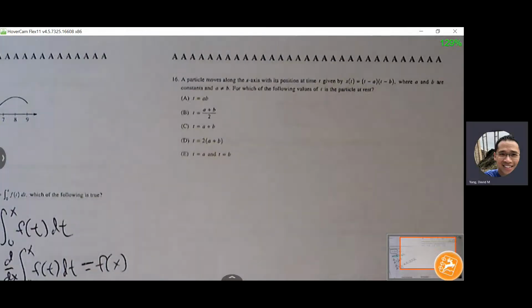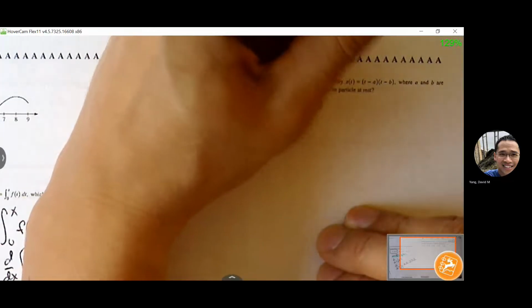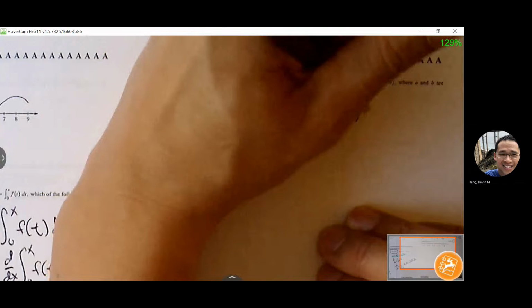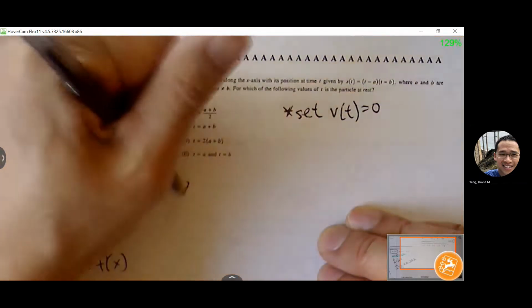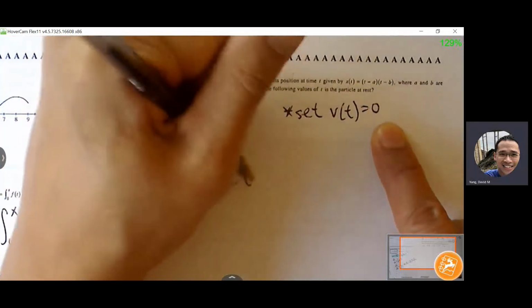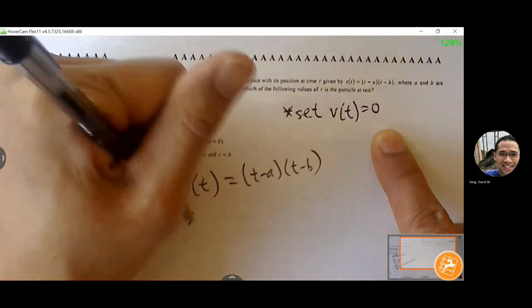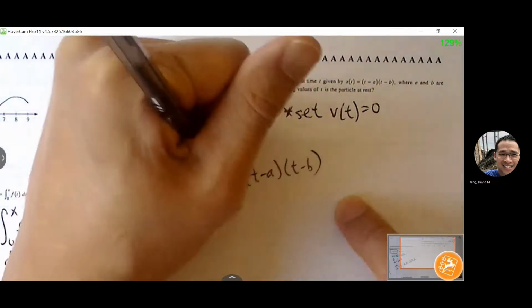The particle moves along the x-axis. So the following is particle at rest. Particle at rest is when velocity is equal to 0. I could go through product rule here, but I'm just going to pull this out first.